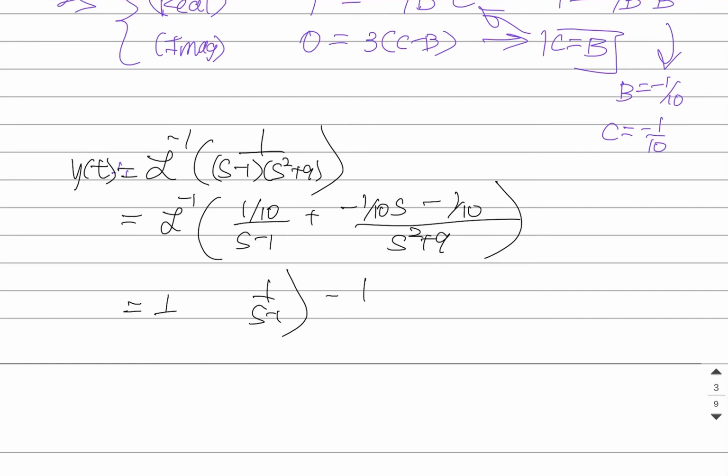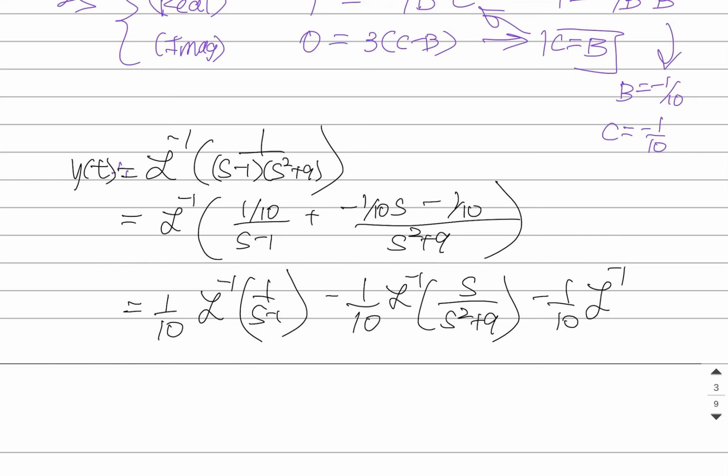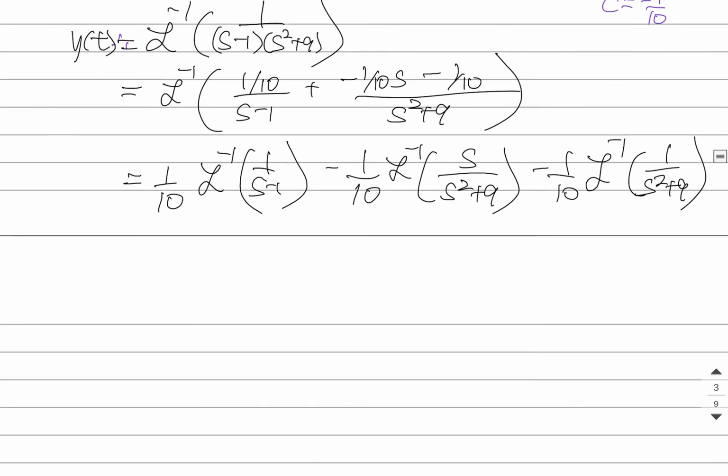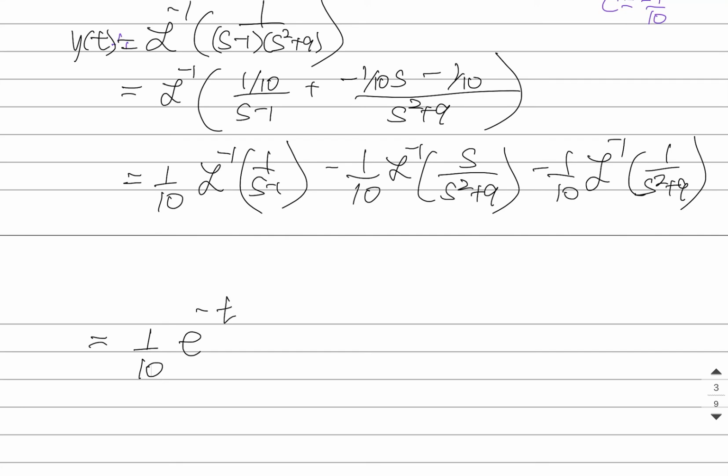I'll have 1/10 Laplace inverse of 1 over s minus 1, minus 1/10 Laplace inverse of s over s squared plus 9, minus 1/10 Laplace inverse of 1 over s squared plus 9. I know right away that the inverse Laplace transform of 1 over s minus 1 is e to the plus t.